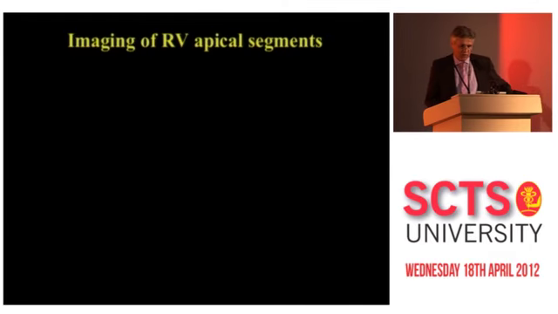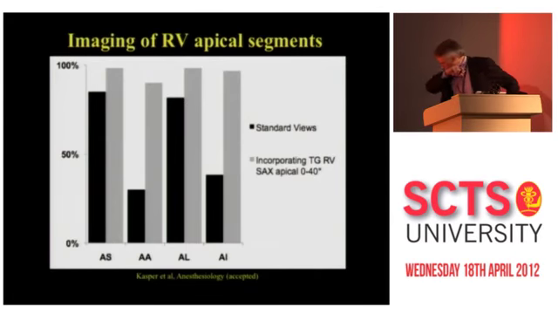Imaging of the right ventricular apical segments in fact turned out to be the tricky part. When you see here the apical segments, the septal, anterior, lateral, and inferior segments, you see in black that the anterior and inferior segments were not imaged reliably by the standard views, whereas addition of the new views increased imaging to very close to 100%, to 90 to 100%.